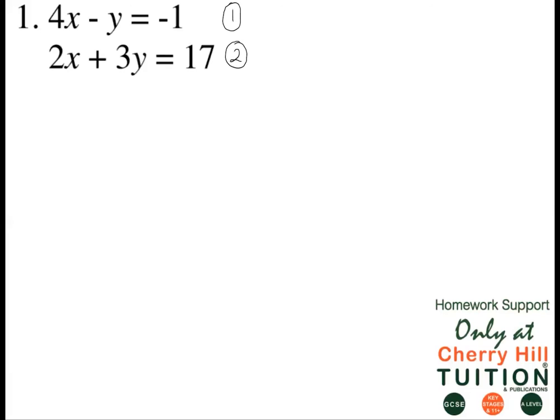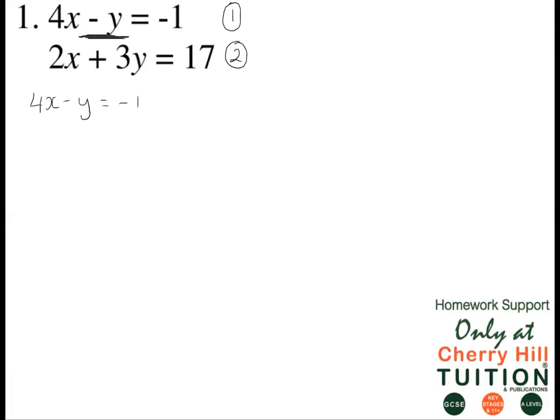Now what we need to do is either make y the subject in one of the equations or x the subject. It's always easiest to make something the subject when the coefficient is either 1 or minus 1. In this case, we have a minus 1 as a coefficient for y. So let's go ahead and make y the subject using that equation.